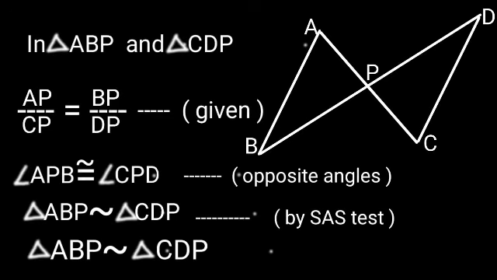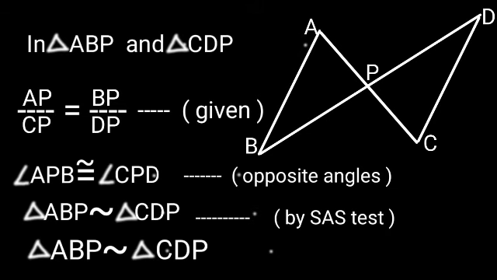In triangle APB and triangle CDP, AP upon CP is equal to BP upon DP. This proportion is given, and angle APB is congruent to angle CPD.